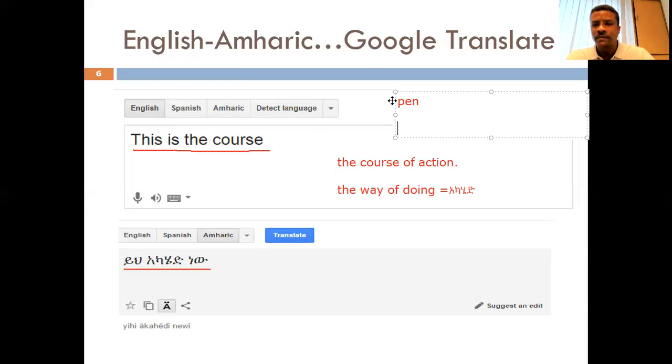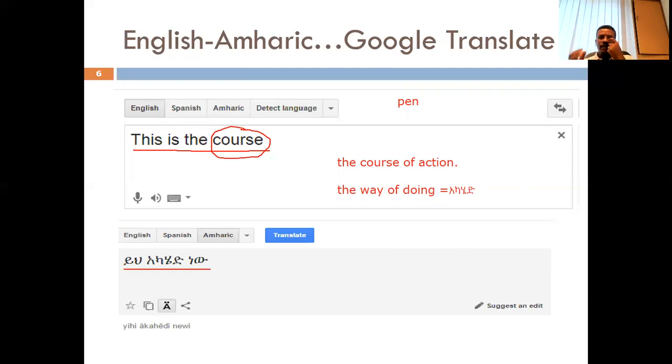listen frequently. So whenever you hear the word course, most of the time, especially that you are a student, right? The first thing that comes to your mind is ትምህርት ነው አይደል የሚመጣልን or lesson. Yeah. But for Google Translate, somehow it gets a statistical information that associates course with አካሄድ ማለት ነው.